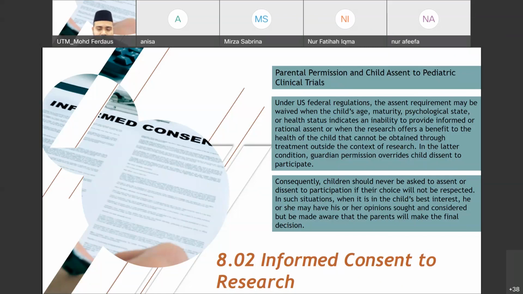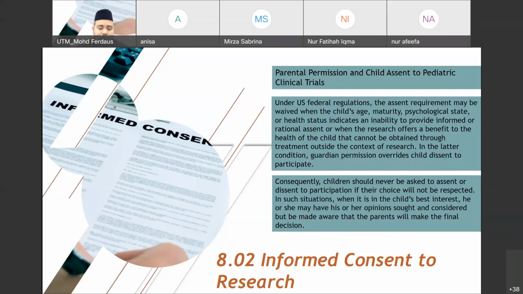Basically, they already give you the consent. In that case, it does not require you to ask the consent from the underage children. Why? Because their legal guardian already gave their approval for you to conduct the mental health screening.